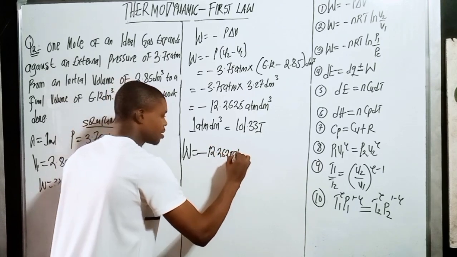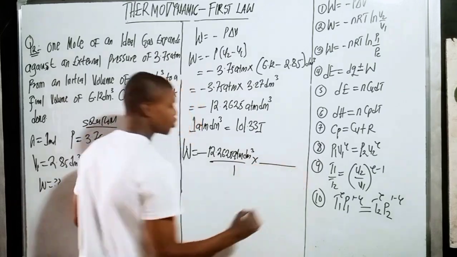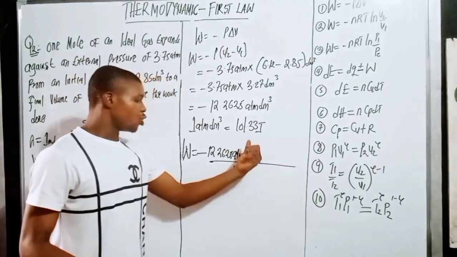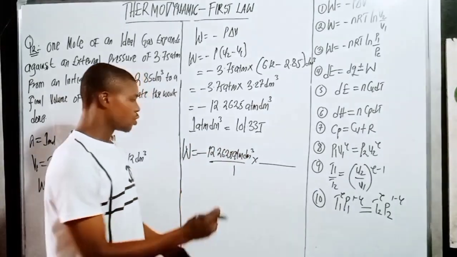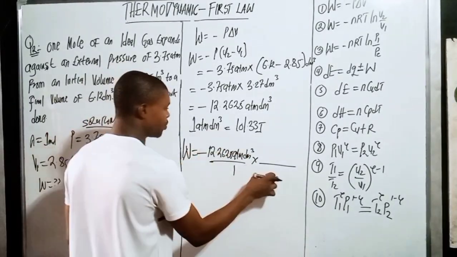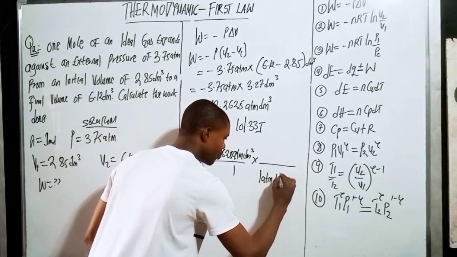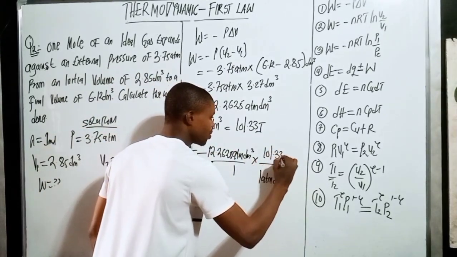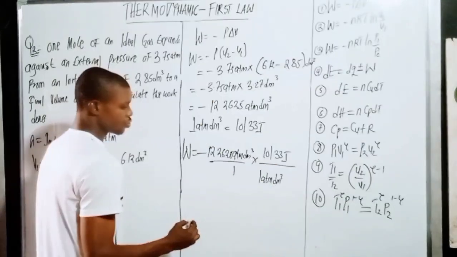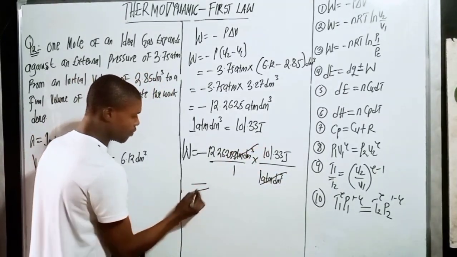So it means that my W equals minus 12.2625 atm dm cube over 1 times. Remember, you must arrange this in a way that units cancel out when it comes to a conversion factor, converting from one unit to the other, right? So this will be down here. So here we have 1 atm dm cube, right? Here we have 101.32 joules. Do you see that? So atm dm cube cancel out. So what do you have here? This times this.